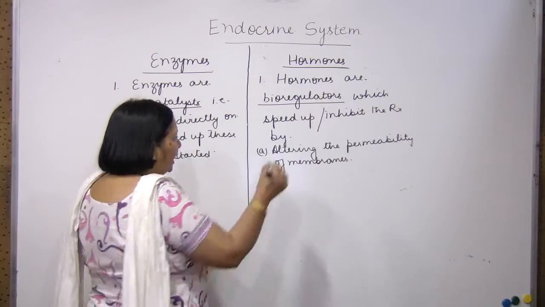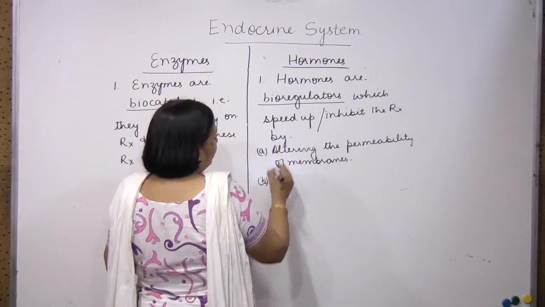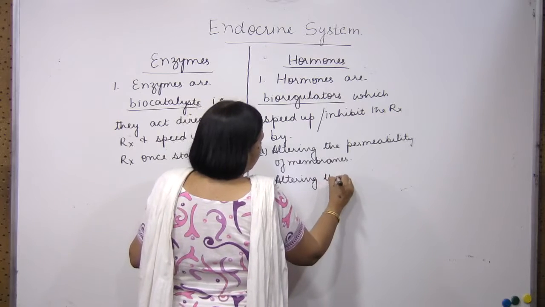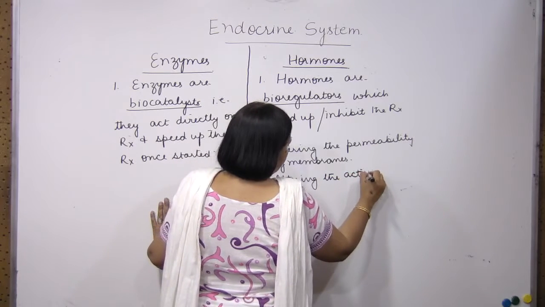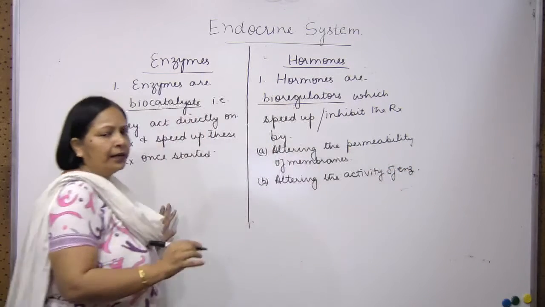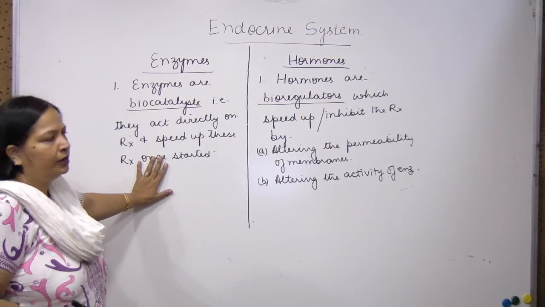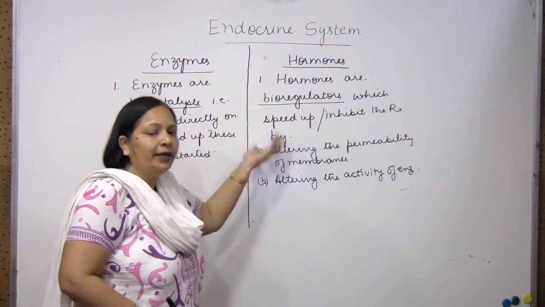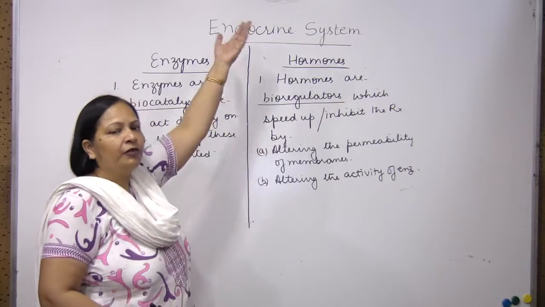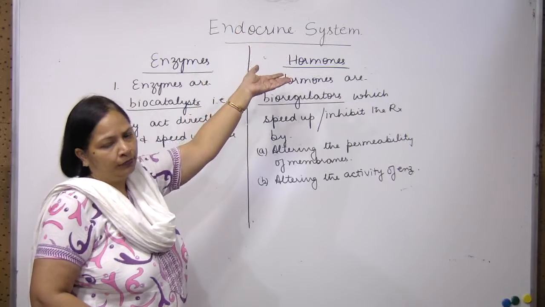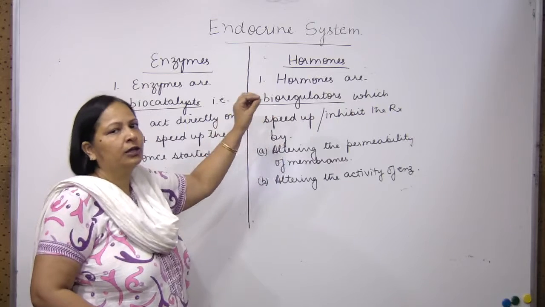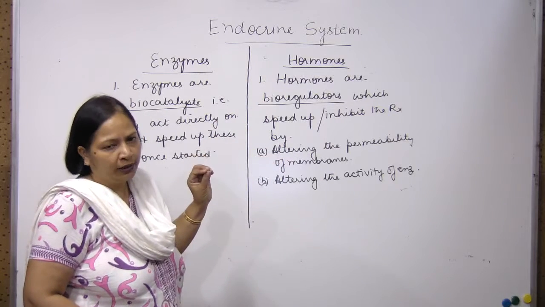And most importantly, by altering the activity of enzymes. It is the enzyme which directly acts on reactions. The hormones regulate the activity of enzymes, and hormones themselves are controlled by the nervous system. Hormones are secreted only when the central nervous system acts on the particular endocrine gland.